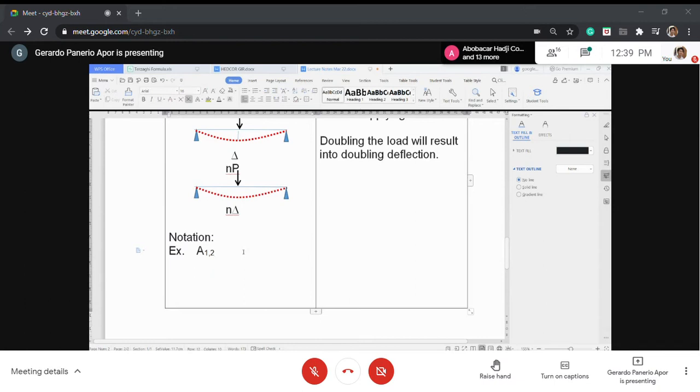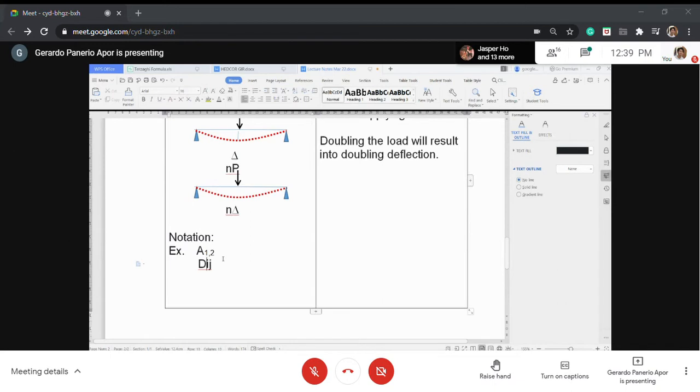So here, if we use delta, no, little d, if we use small letter d, and we will use I and J. Okay, so we will use small letter d.